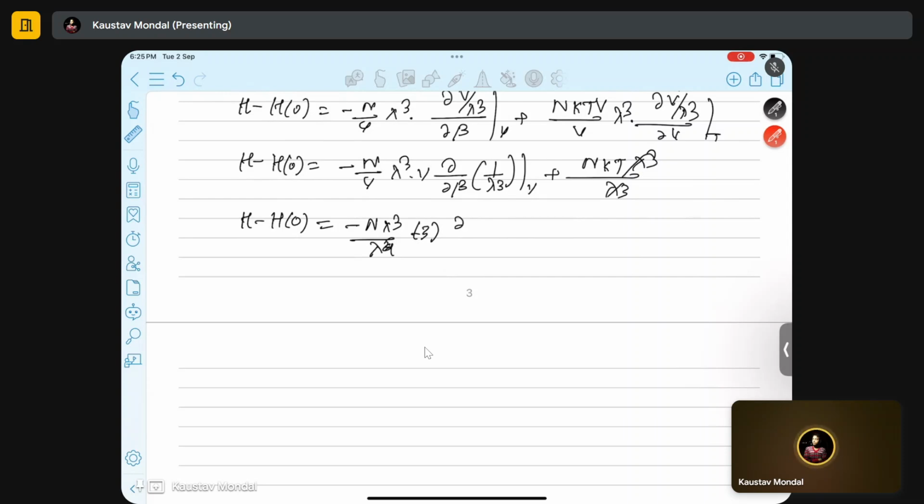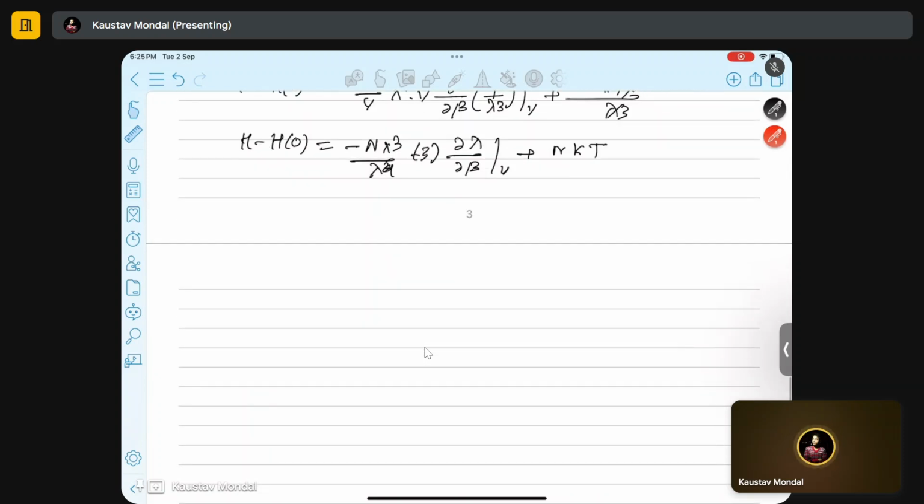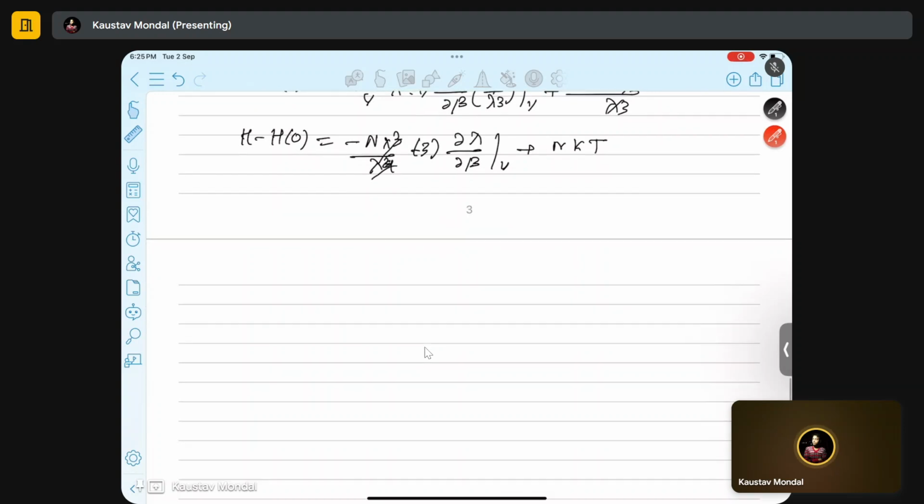Then it will become del lambda by del beta at constant volume plus nkT. So this will become 1 by lambda.